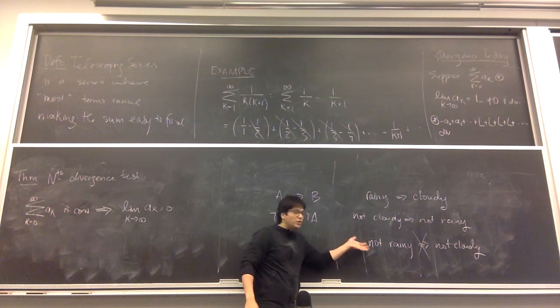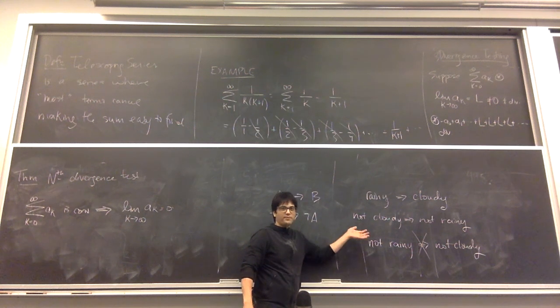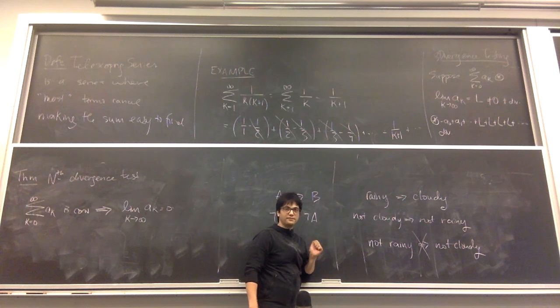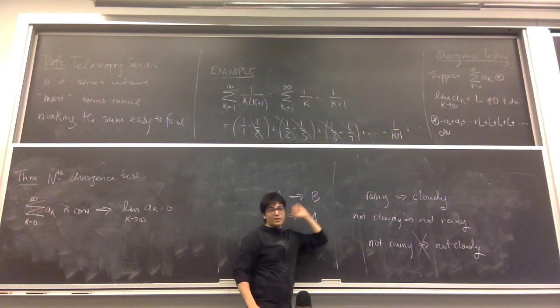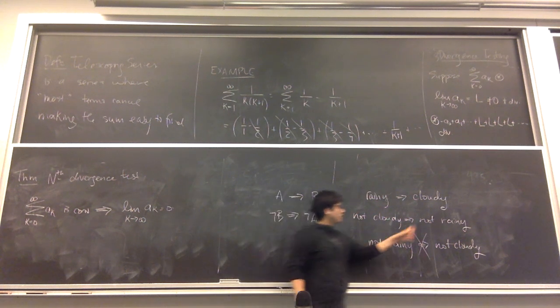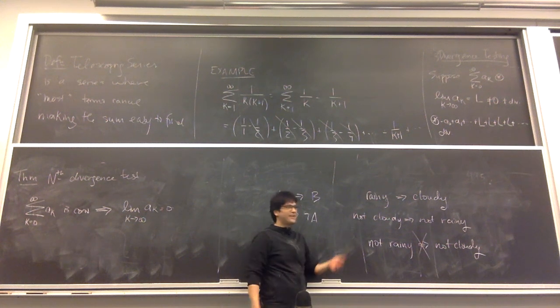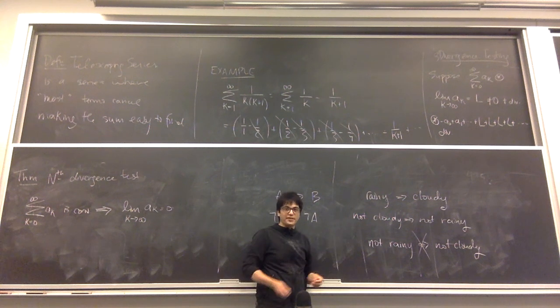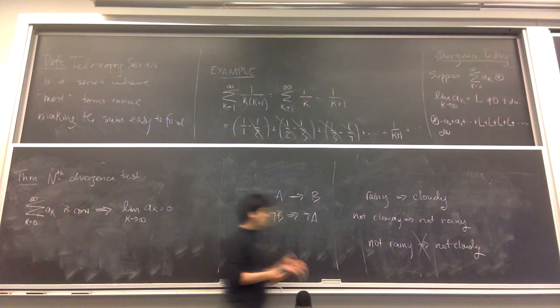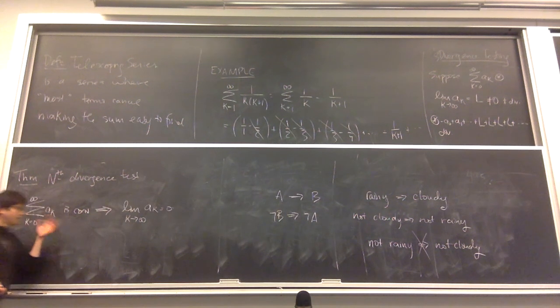You can intuit that this isn't true. It could be cloudy and not rainy, but it can never be rainy and not cloudy. And it can never be raining if it's not cloudy. I know I just said the same thing twice, but these are equivalent statements. That's my point, right? So what's the equivalent statement here?